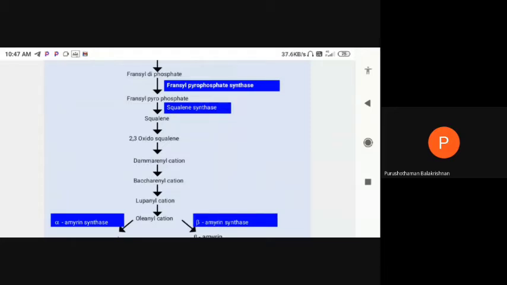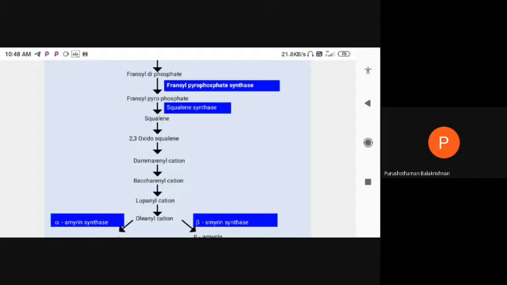If you want to synthesize a high quality of secondary metabolites, people nowadays use squalene synthase, farnesyl phosphate synthase, alpha amyrin synthase and beta amyrin synthase. These products are also available from Sigma.